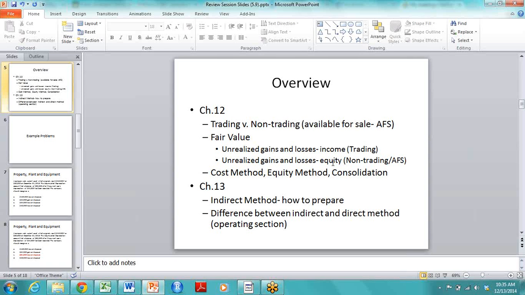The accounting for that's going to be a little bit different because you're going to record any dividends as a reduction of your investment, and you're going to get the benefit of recording your proportion of the net income of that company as what's called an equity pickup or revenues from stock investments in your income statement.